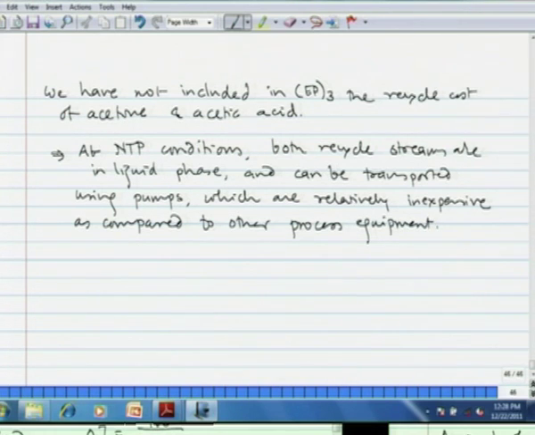So, this is how you can generate the economic potentials at various levels.